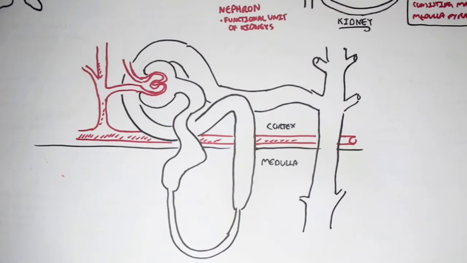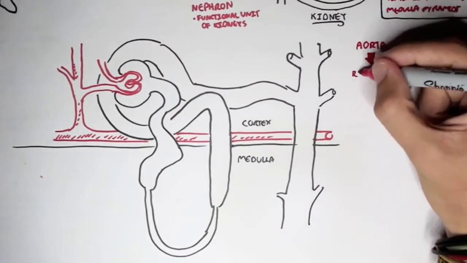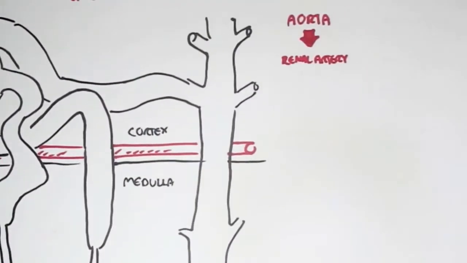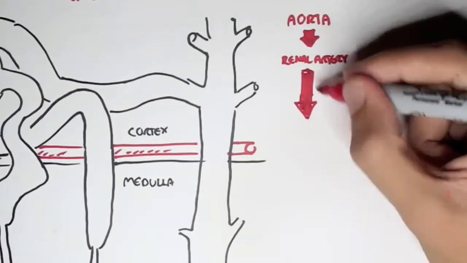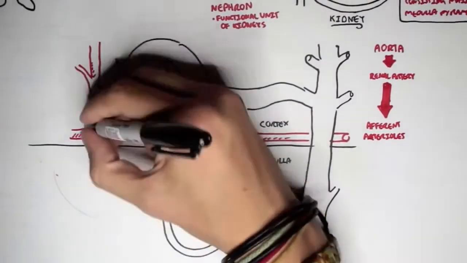Now, let's just concentrate on the blood supply again to the kidneys. Remember that the aorta is the big artery, which then will form the renal artery, which supplies the kidneys. The blood will then travel to essentially the afferent arterioles at the very end.